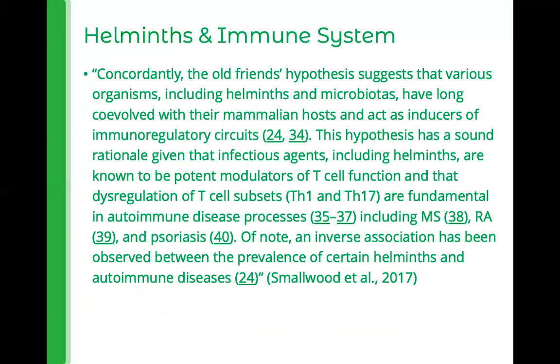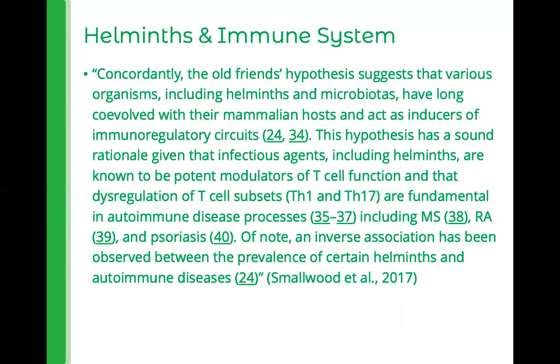So it is suggesting that helminths have co-evolved with us, which makes a lot of sense, and they induce the immunoregulatory circuit. So I thought that was really nice. We want the immune system to regulate it. So it's a hypothesis, though, they're saying. So it appears it isn't conclusive, which I thought was interesting, then, that you said, having reviewed the 2 units, that you've kind of read both.